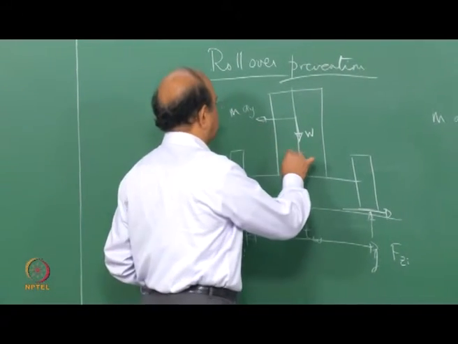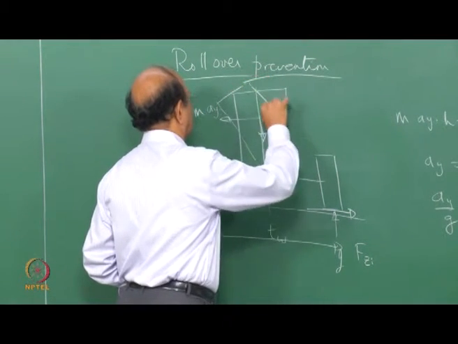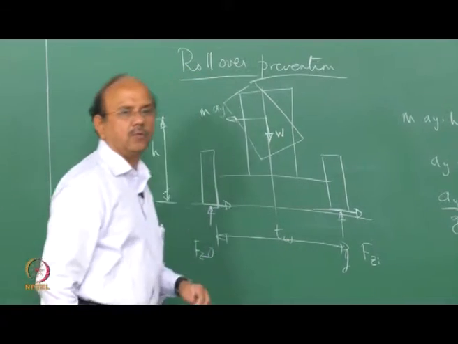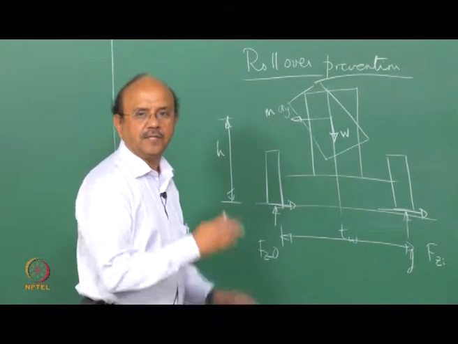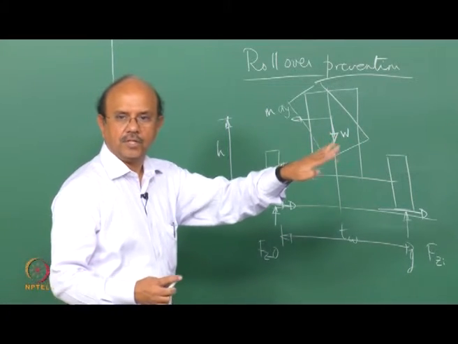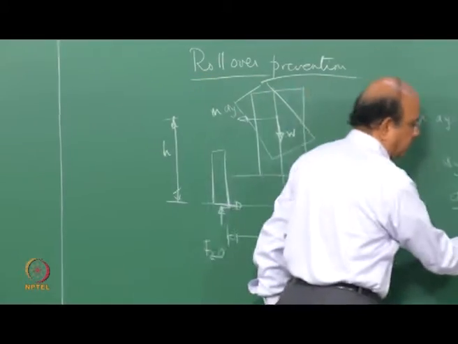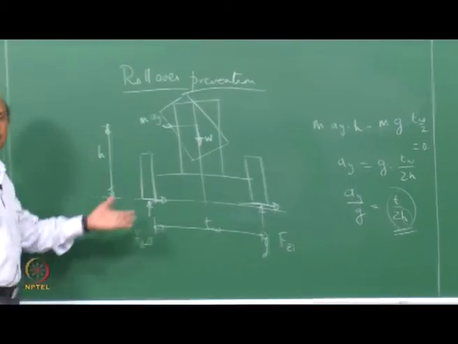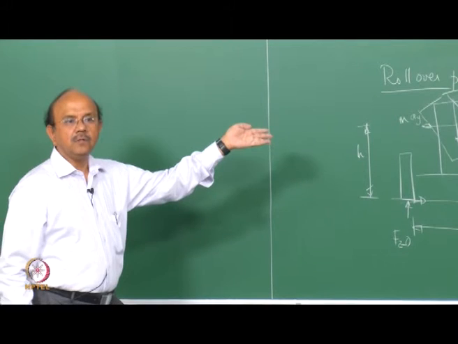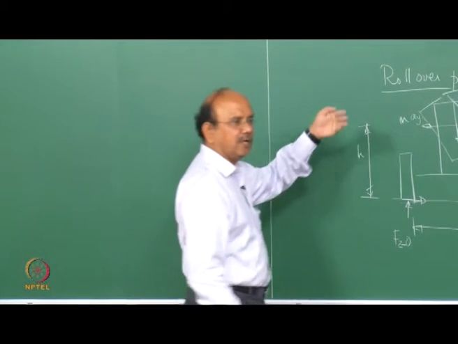So as it rolls about the roll center, the center of gravity location is going to change. So one is that H is going to be affected by the roll, and hence due to the suspension and so on.